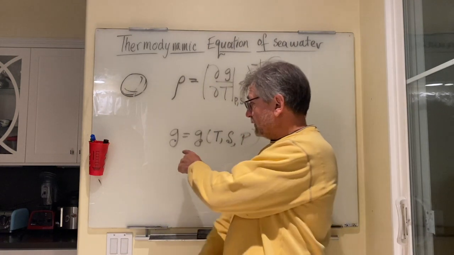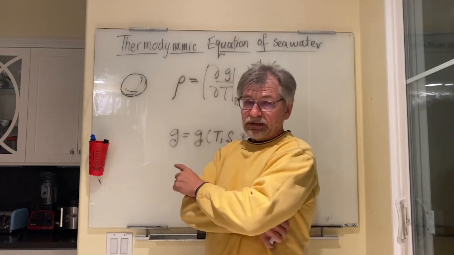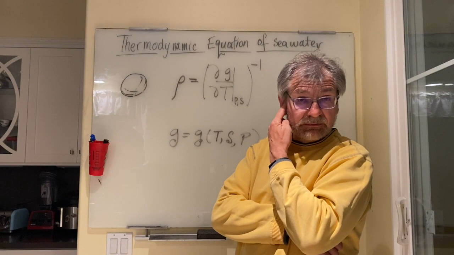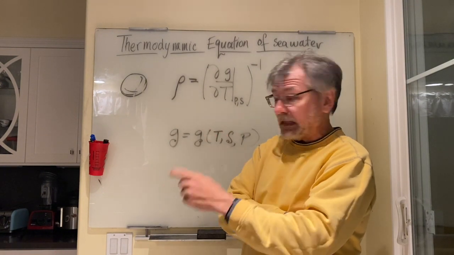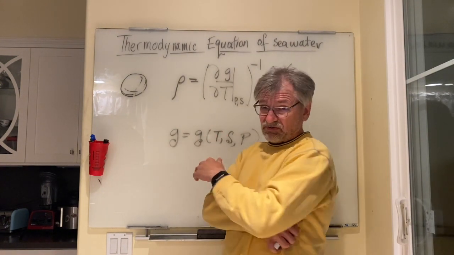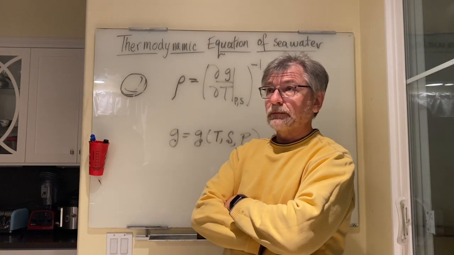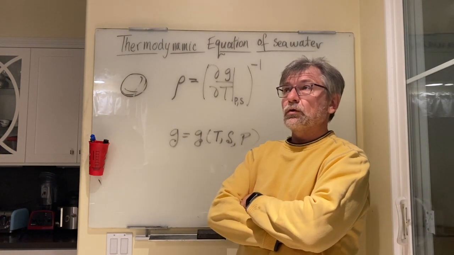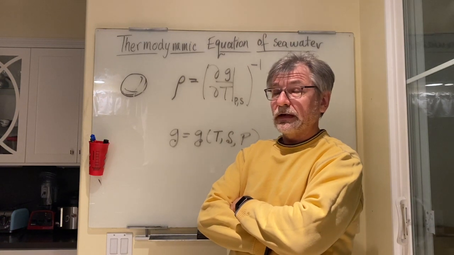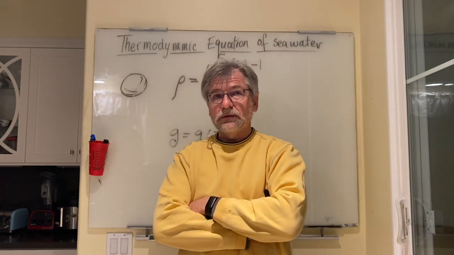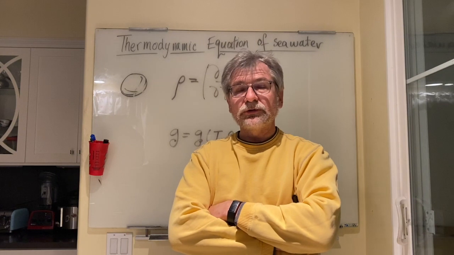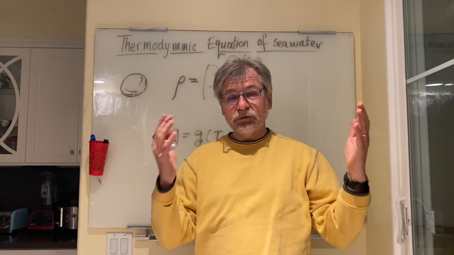So G itself is never directly measured. All we can measure are various derivatives of G, and those are measured in the lab, and then we fit some polynomials. I think the thermodynamic Gibbs function for freshwater is a polynomial with 41 terms in it or something like that. It's some very high order polynomial.